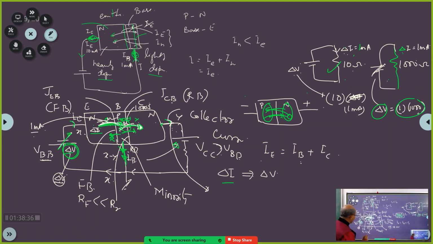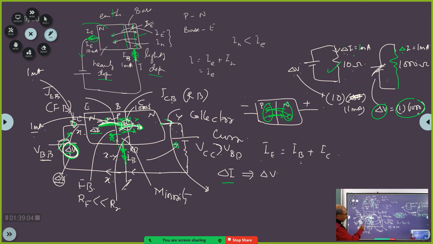And here what has happened? Similarly, corresponding to the small force, there is a change in the current here. Assume that this current change is 1 milliampere due to the small effort that you have put. Now, out of this 1 milliampere, 0.9 milliamperes is coming here, but across a large resistance.